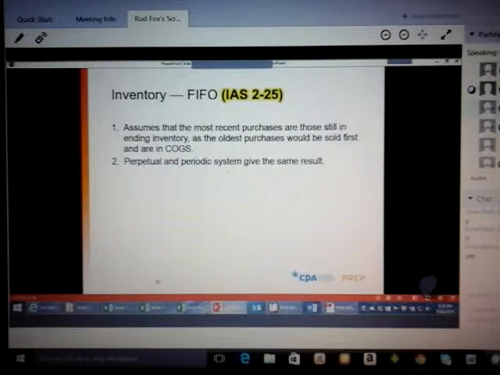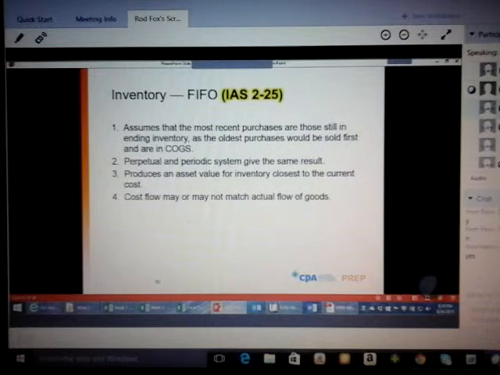The other two we're going to look at are FIFO and weighted average, which is sometimes called average cost. Do any of you remember or have ever heard of using LIFO? Not FIFO, but we used to be able to use a LIFO inventory system.